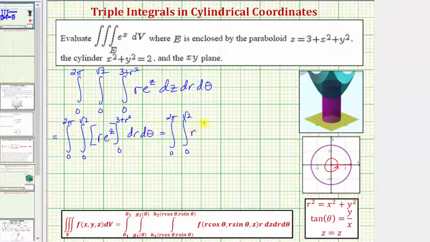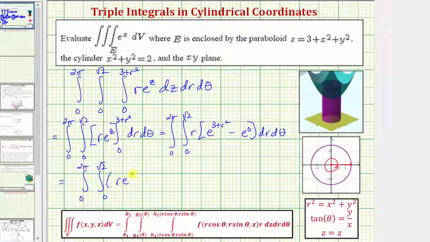So we're going to have r times the quantity e raised to the power of 3 plus r squared minus e to the 0. e to the 0 is equal to 1, so distributing, the new integrated function is going to be r times e raised to the power of 3 plus r squared, and then minus r times 1, so minus r.